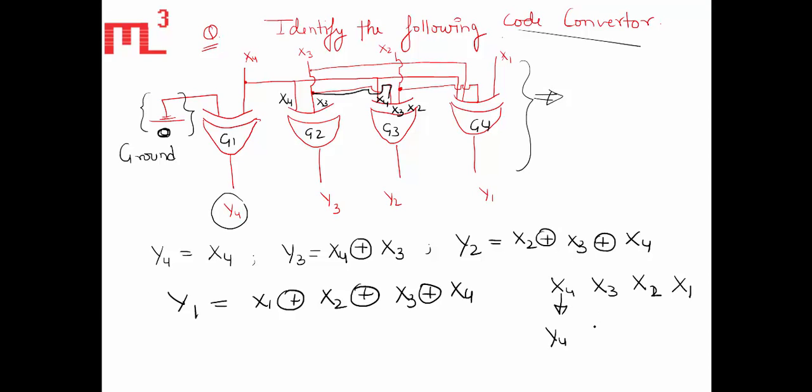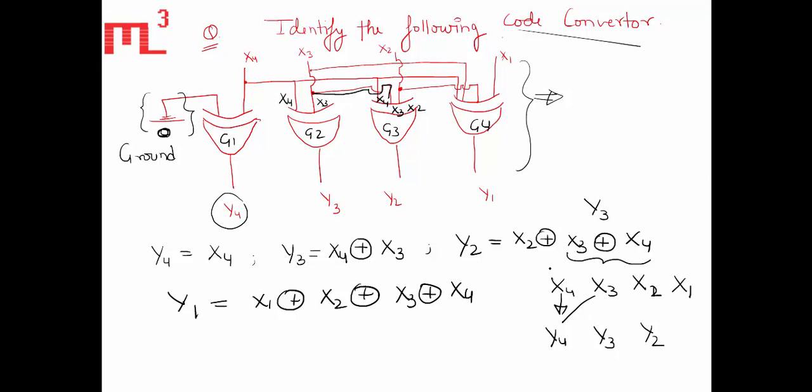Now we are getting Y3 as the XOR of X4 and X3, that means the XOR of X3 with X4, which is your Y4. Next, for Y2 you are getting X2 XOR X3 XOR X4, which is nothing but your Y3.